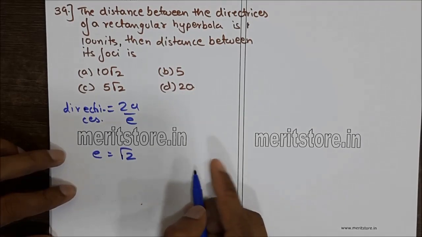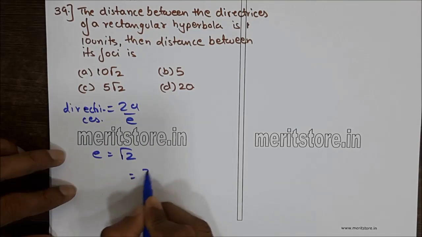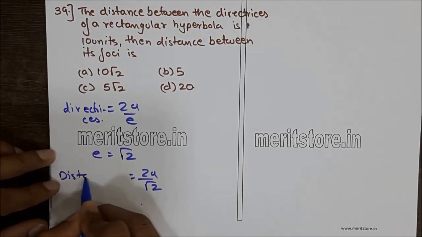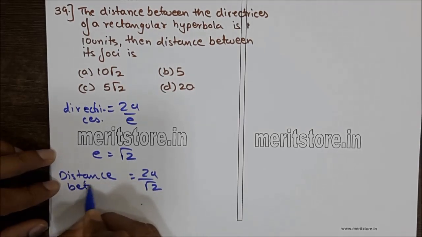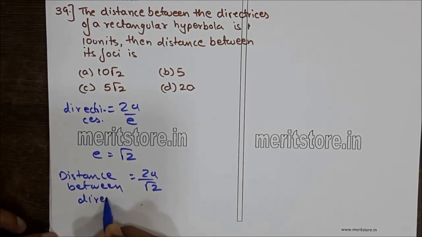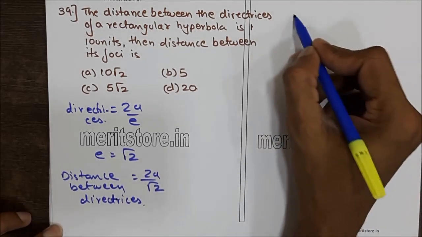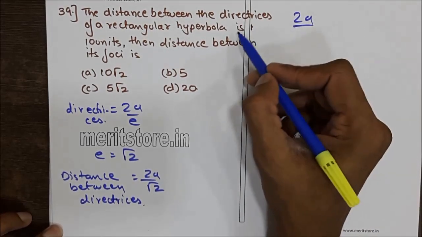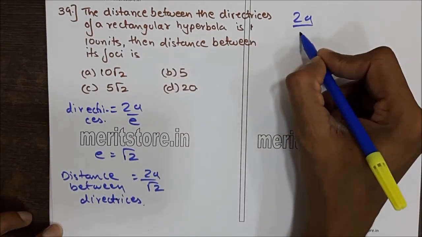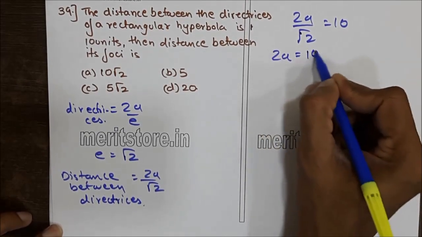Substituting the value of e, we get 2a upon root 2. Given that this equals 10 units, 2a upon root 2 is equal to 10. Solving, we get 2a equal to 10 root 2.